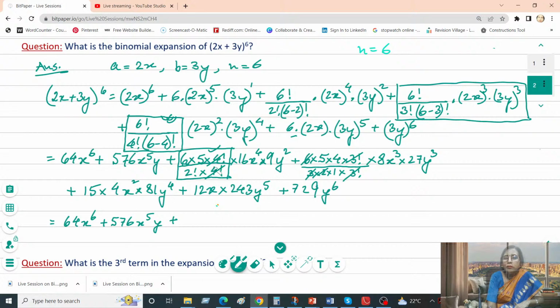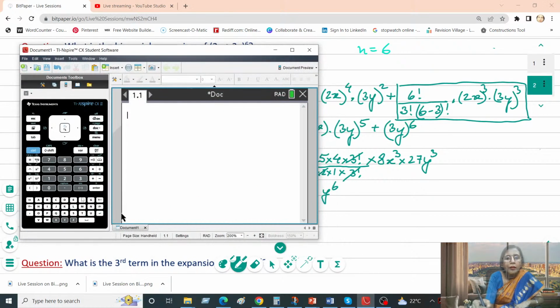Okay, and let us use the calculator just to save some time. It will be 15 times 16 times 9. Okay, so it is 15 times 16 times 9. Enter. 2160.